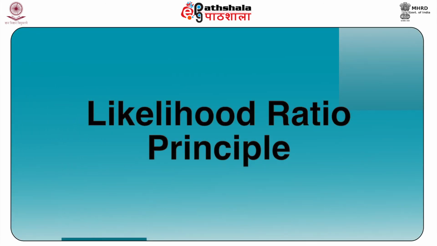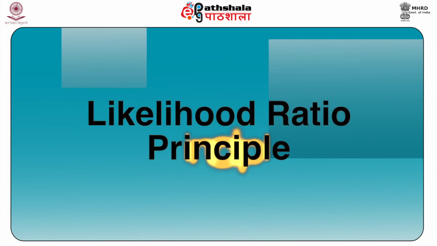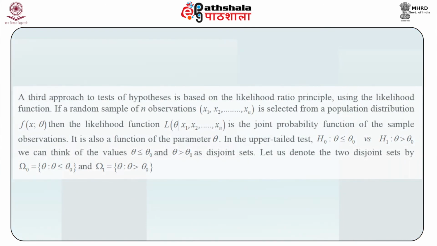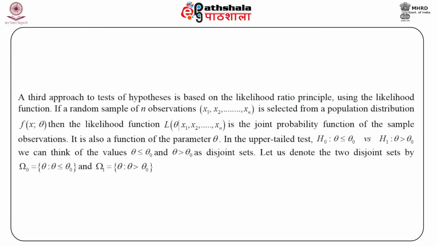Let us now look at, discuss, and try to understand the likelihood ratio principle. Now, this is the third approach to tests of hypothesis and is based on the likelihood ratio principle using the likelihood function.